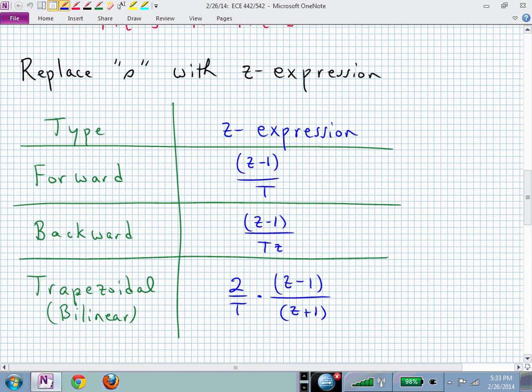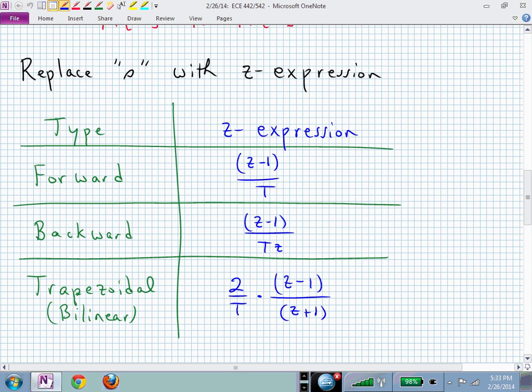If you wanted to do the forward numerical integration approach, then you replace s everywhere with the quantity z minus 1 divided by capital T. And I hope with this table you start to see a little bit of consistency between the numerical integration approaches. They all have this z minus 1 factor in the numerator, and the backward has a z, and only a z, in the denominator, and the trapezoidal, or the bilinear, is this averaging of the two.